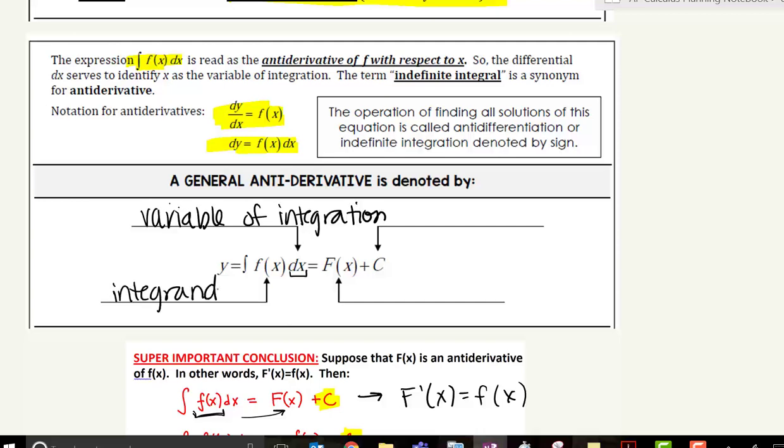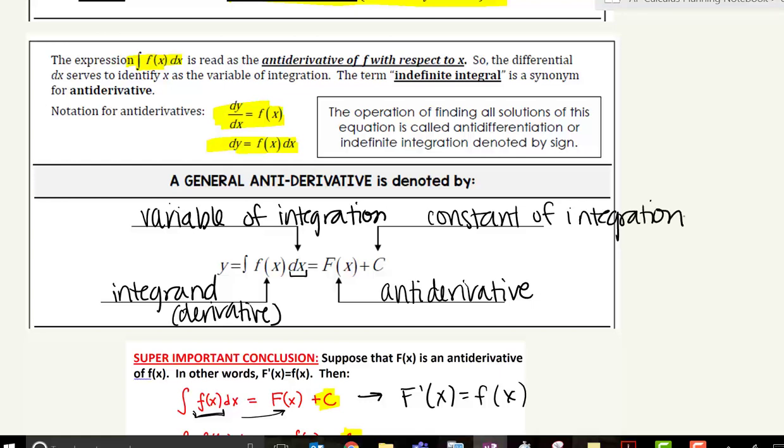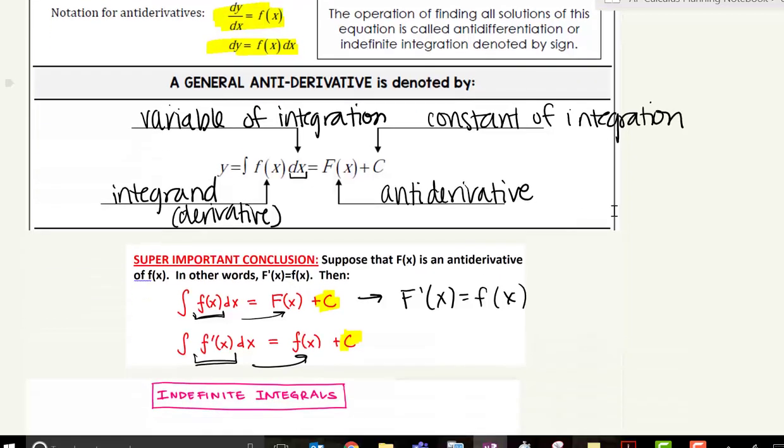On Thursday we talked about this, and this is also known as the derivative. And then we have our antiderivative. And then this plus c is our constant of integration. This plus c is going to be very important, and again, we'll look at it in a second, and you'll get a really good idea of what it means.